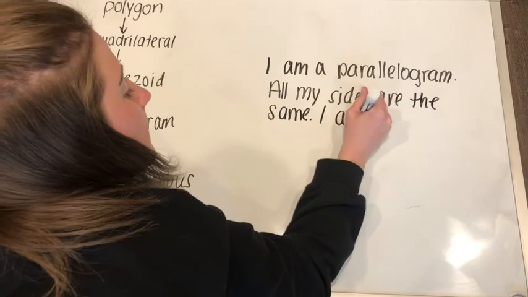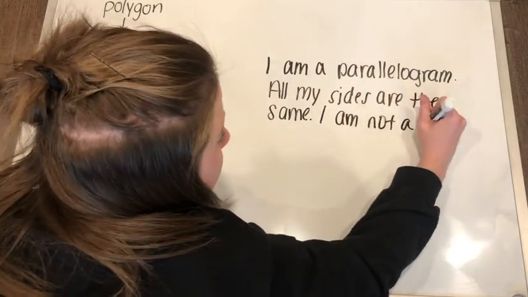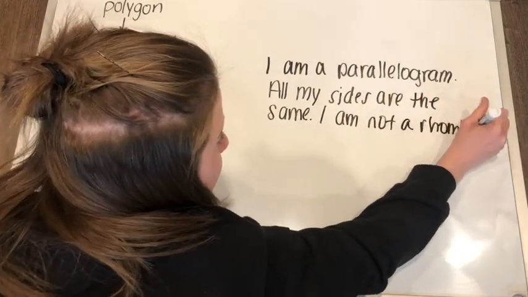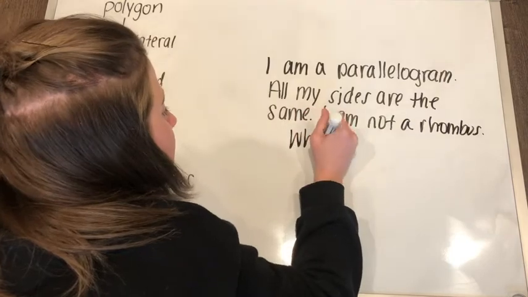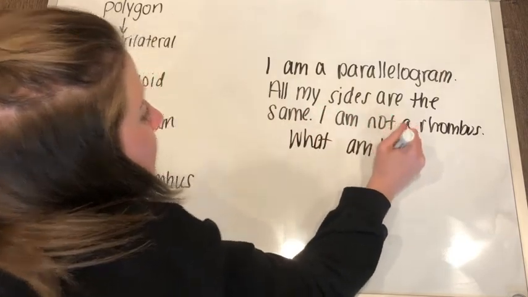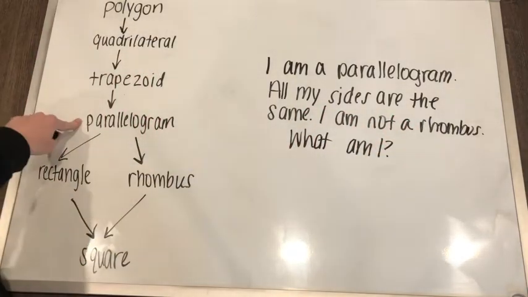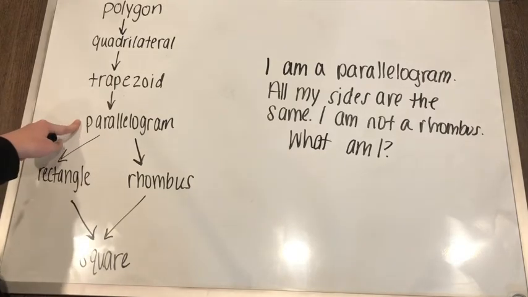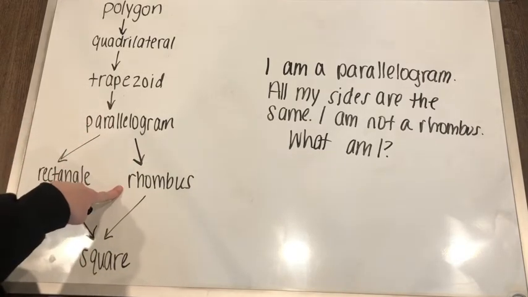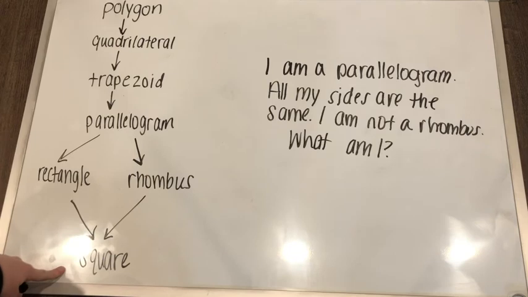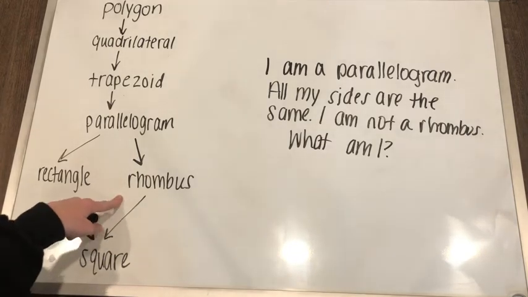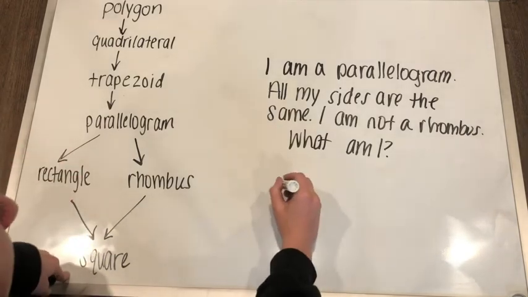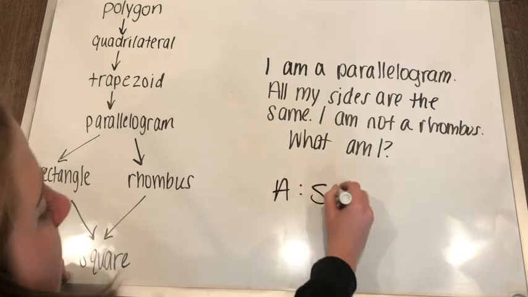I am not a rhombus. What am I? So we would go to parallelogram. All my sides are the same. Well, a rhombus has all the same sides, and so does a square. But it's not a rhombus. So our answer would then be square.